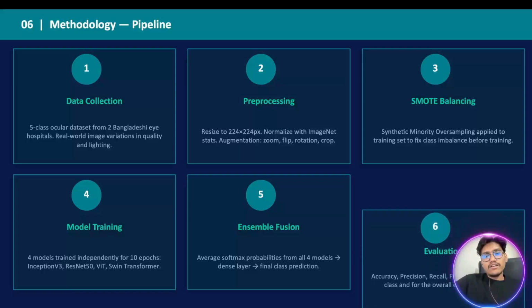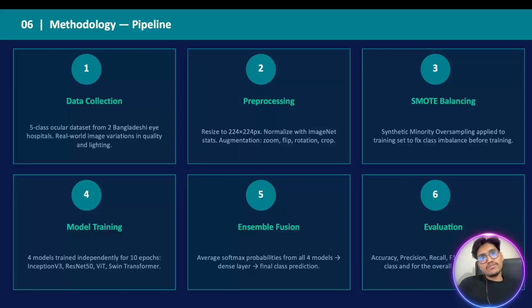And then we have evaluation. How to do evaluation? Finally, the performance of both individual models and the ensemble was measured using 4 metrics: accuracy, the overall percentage of correct predictions, and then precision, of all the cases the model predicted as a certain disease, how many were actually that disease, and then recall, of all the actual cases of a certain disease, how many did the model successfully detect.